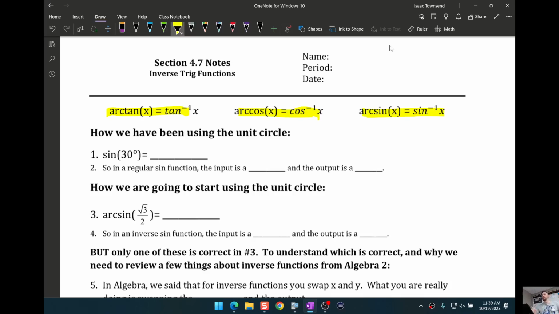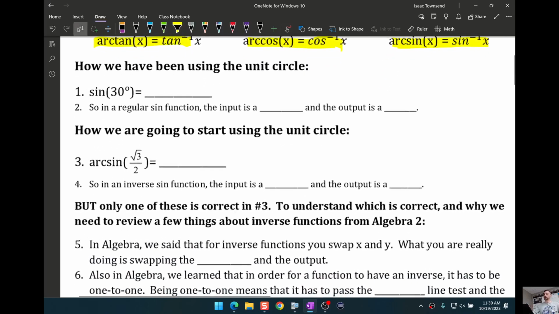Okay, so how we have currently been using the unit circle is a question like number 1. We tell you the trig function, we tell you the angle to go to. So the input, what's getting plugged into the trig function, is an angle. And we would go to that spot, think about the point, and take the y value because it's sine.